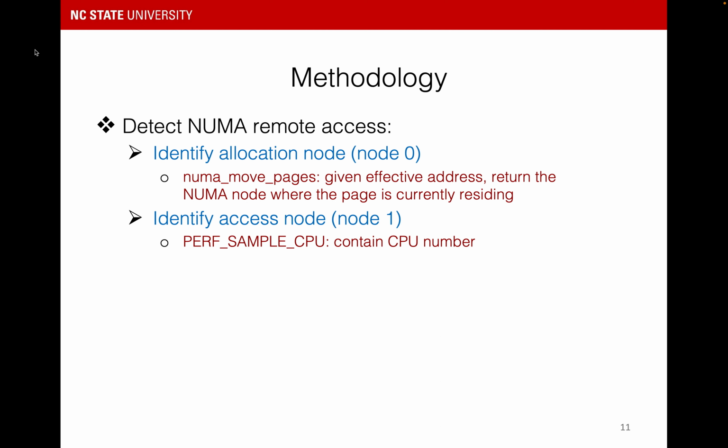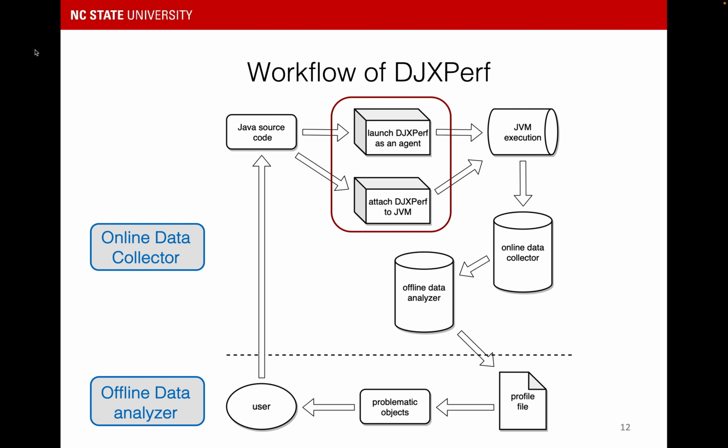Here is the whole workflow of DJXPerf, which consists of an online data collector and an offline data analyzer. From this figure, we can see that there are two ways to enable the online data collector. First, if we need to profile Java source code as soon as the JVM starts up, we can launch DJXPerf as an agent by passing JVM options. If the JVM is already started, we can attach DJXPerf to this running JVM.